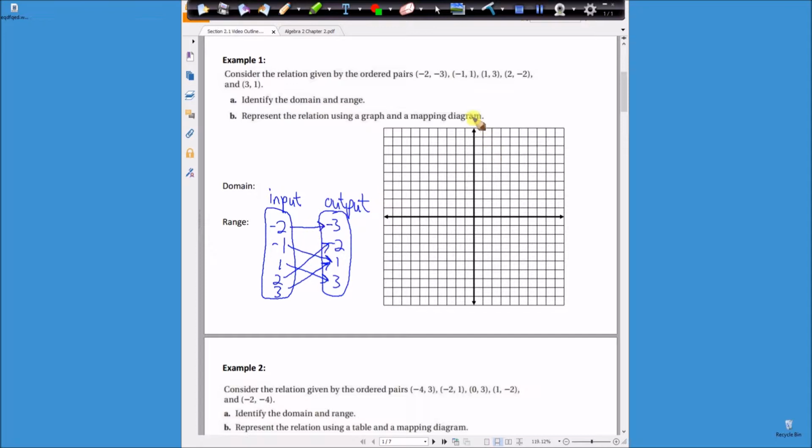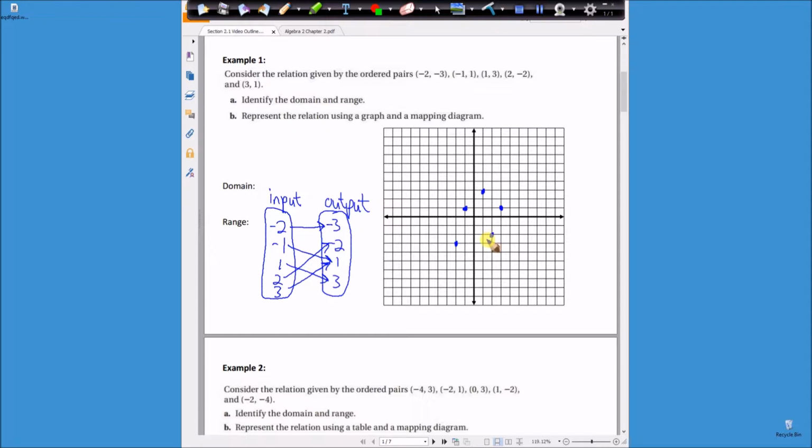And then if you want to graph them, again, we're just plotting ordered pairs. So -2, -3 down here, -1, 1, 1, 3, 2, -2, and 3, 1. And please remember that this is just a relation.